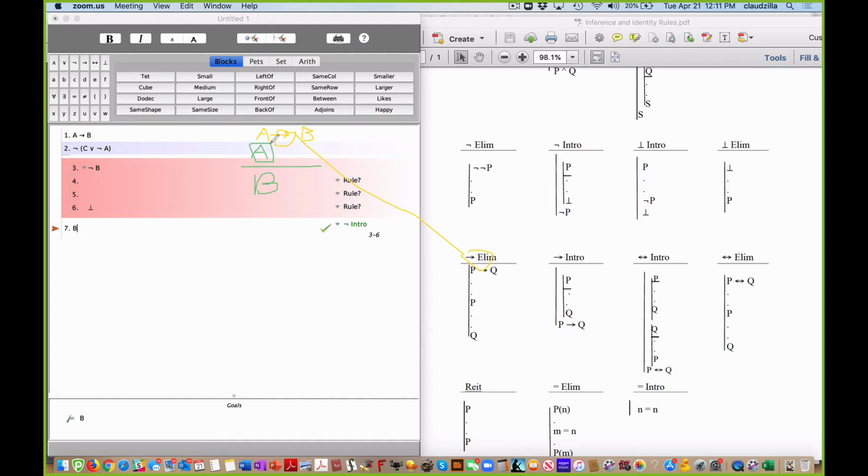Now let's look at line 2. Remember, line 6 says that we want to generate a contradiction.